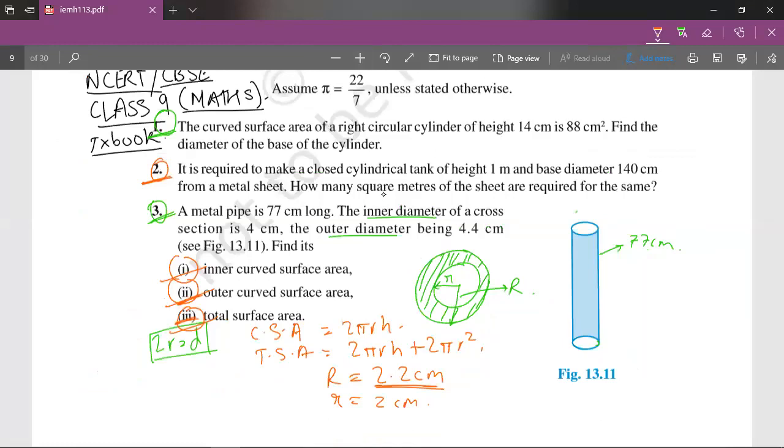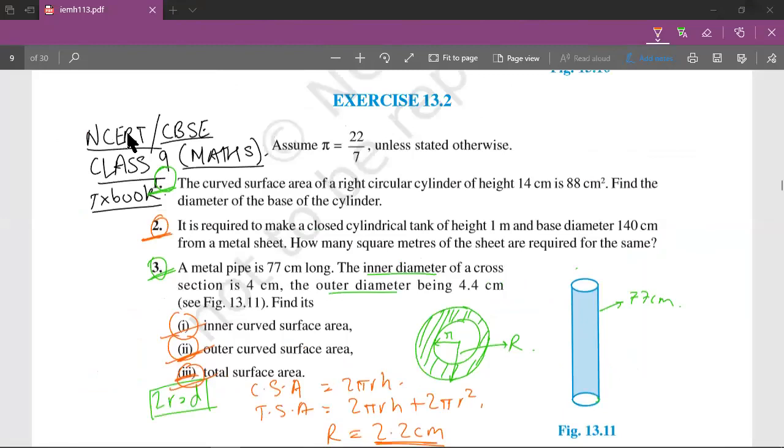I'll just show you a clear view. I've done that from NCERT, CBSE Class 9 Maths textbook. It is blue in color. So NCERT CBSE Class 9 Maths textbook, you could refer these questions from that book. And if you could solve more problems related to these questions, that would be lovely.